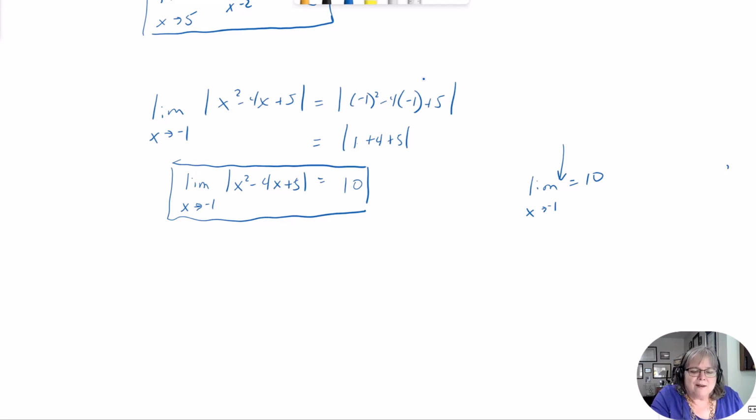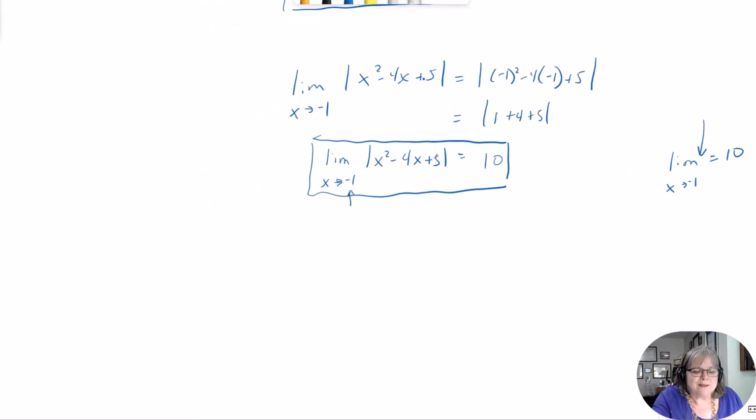So keep in mind that whether it's a right hand limit or a left hand limit or a two-sided limit, if that number is in the domain, you can just substitute it. Now there are some caveats to this.